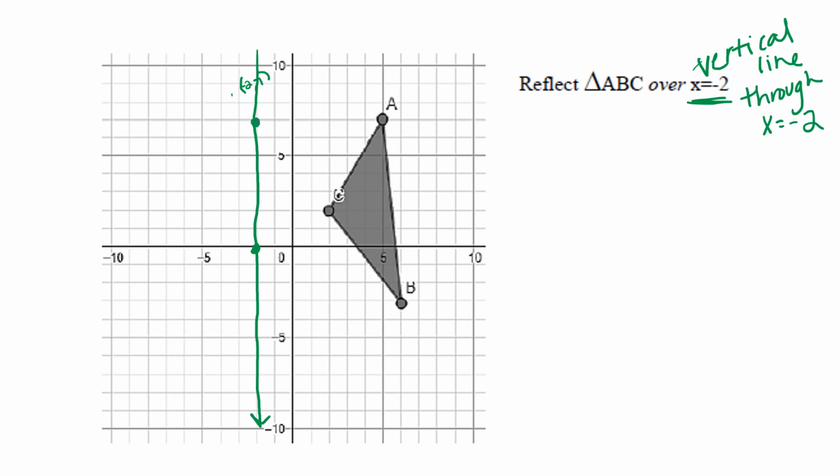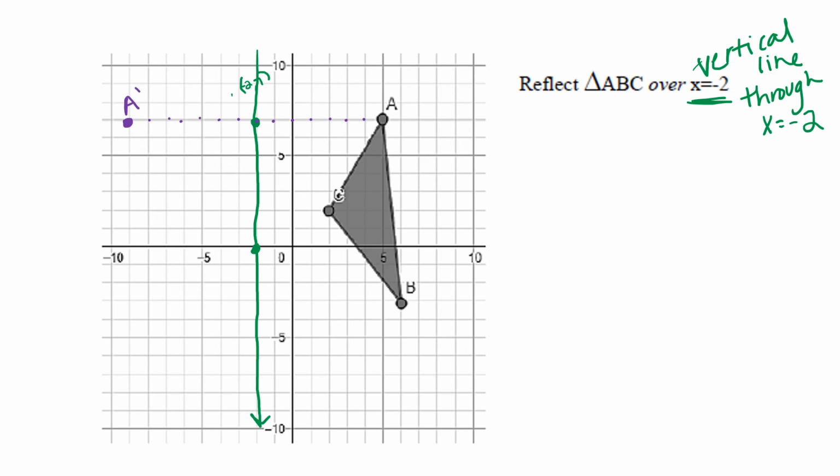This point A is 1, 2, 3, 4, 5, 6, 7 boxes away from my line of reflection. So if it's 7 to the right, I need to count 7 to the left. 1, 2, 3, 4, 5, 6, 7. And again, we label that A prime.